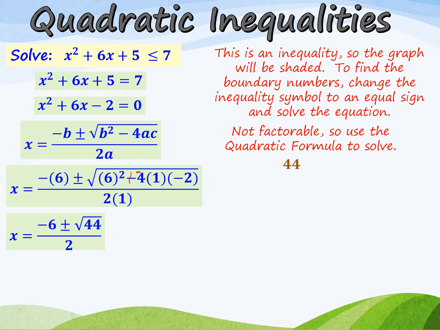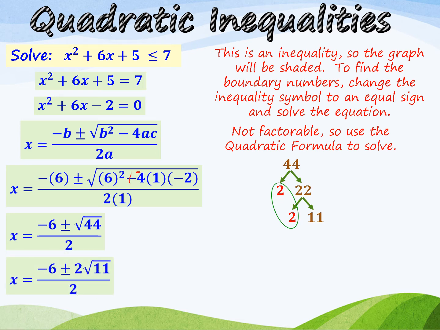Well, I know it's not a perfect square, but it is divisible by 2, so 2 and 22. And then 22 breaks down into 2 times 11. So I have a pair of 2's. 2 times 2 is 4. Square root of 4 is 2. So that gets me -6 plus or minus 2 square roots of 11 over 2.